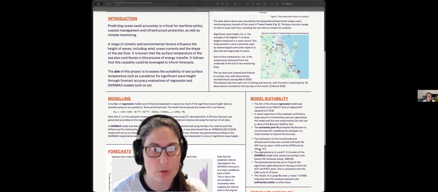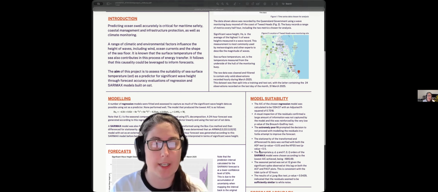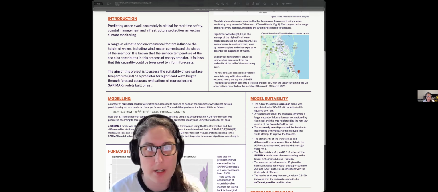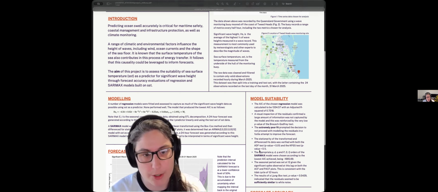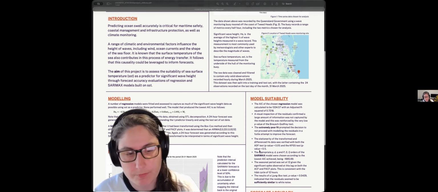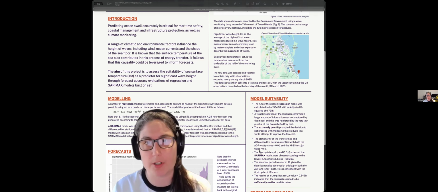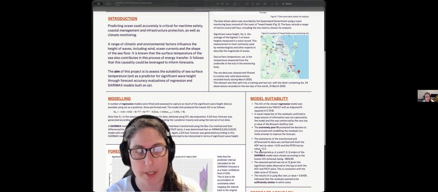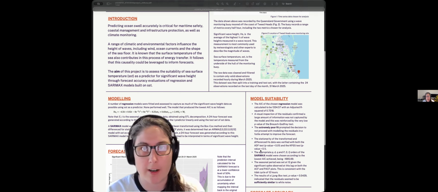Looking at those plots also gave me an indication that using a seasonal period of 12 hours as opposed to the original plan of 24 was a good spot to start with. And that actually aligned with what I know of tidal cycles being about 12.5 hours between high tides or low tides.